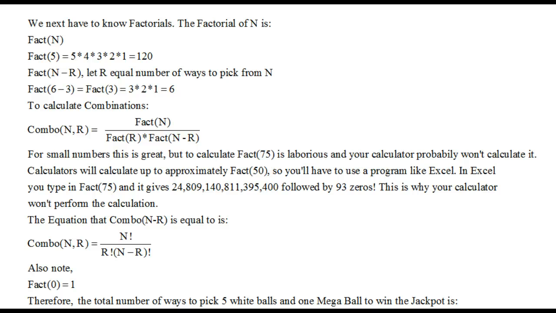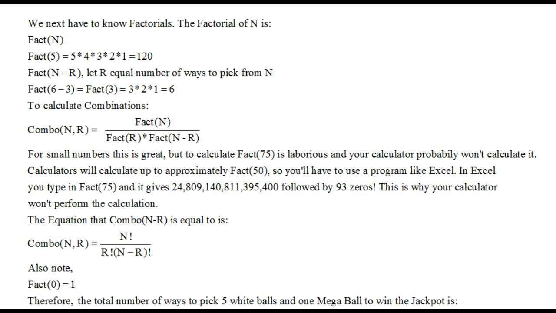So if you type in fact, F-A-C-T, 75, let's say, it will give you 24,0809,140,811,395,400, followed by 93 zeros. This is why your calculator won't perform the calculation.